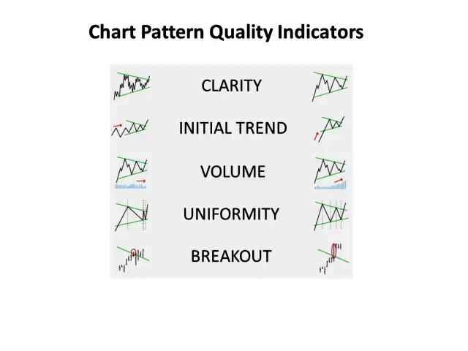There are 5 different quality indicators on chart patterns, and 4 of the 5 are measures of visual quality. They are the characteristics of the pattern that you can see yourself on the price graph. As traders gain more experience in using chart patterns, it tends to become second nature for them to immediately spot these visual cues. But for people who are new to chart patterns, these indicators can be essential to their trading decisions.